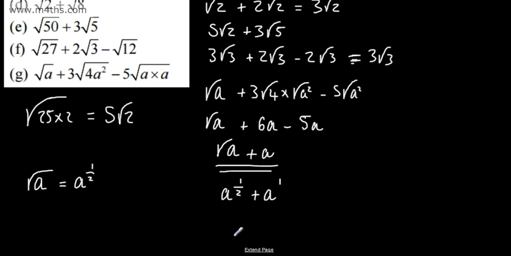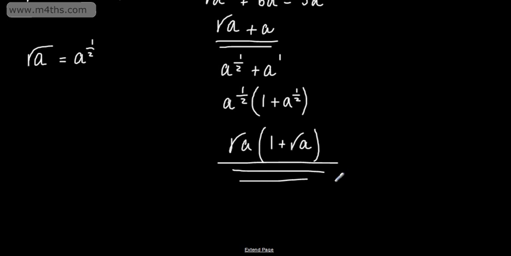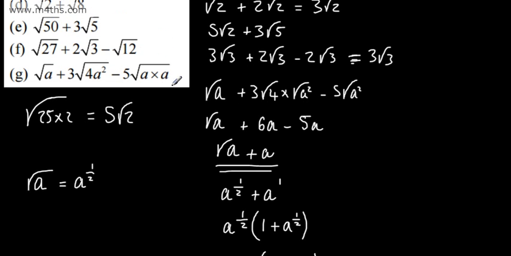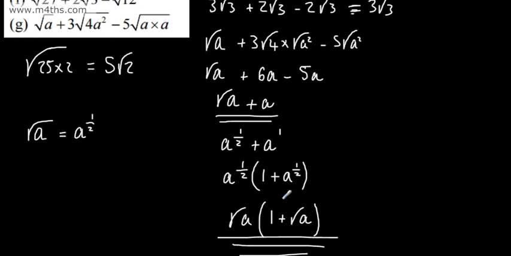The highest common factor is a to the 1/2, so we'd have a to the 1/2, and then we'd have now 1 plus a to the 1/2. Or if you like, you could write this as now the root of a times 1 plus the root of a. So if you had a really nasty exam question and it said show that this could be written in this particular form, then what we could do is write it like so.